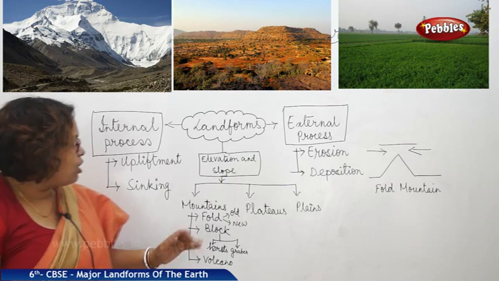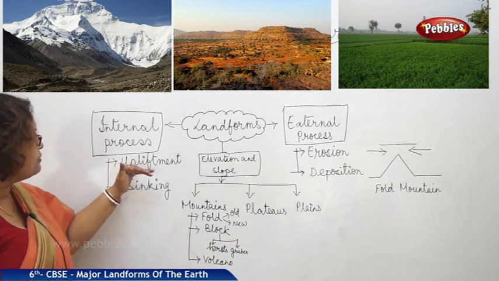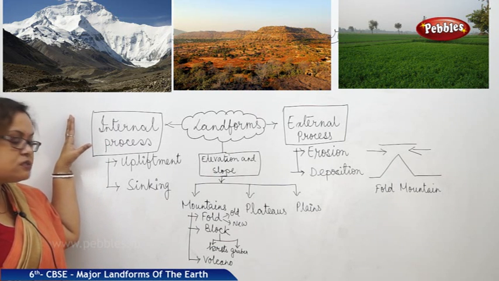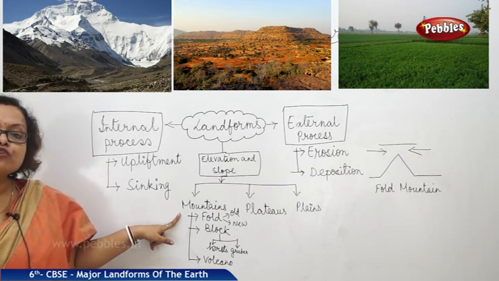Coming next to the block mountain, which is the opposite. As I told you, the internal process of upliftment causes the formation of fold mountains.